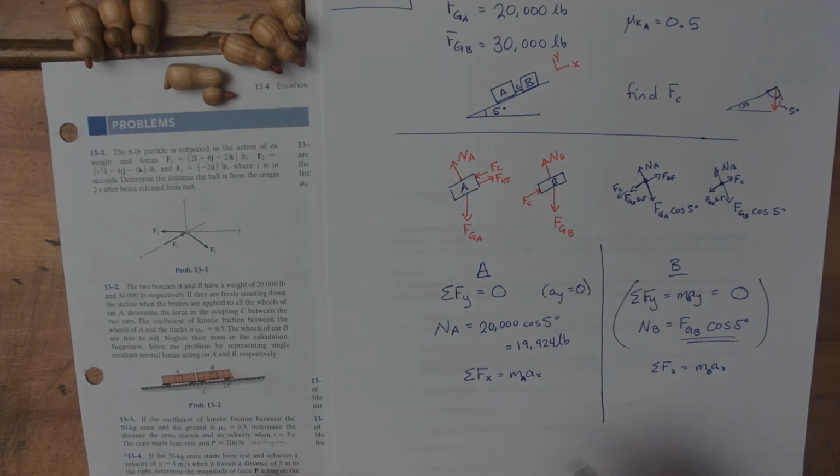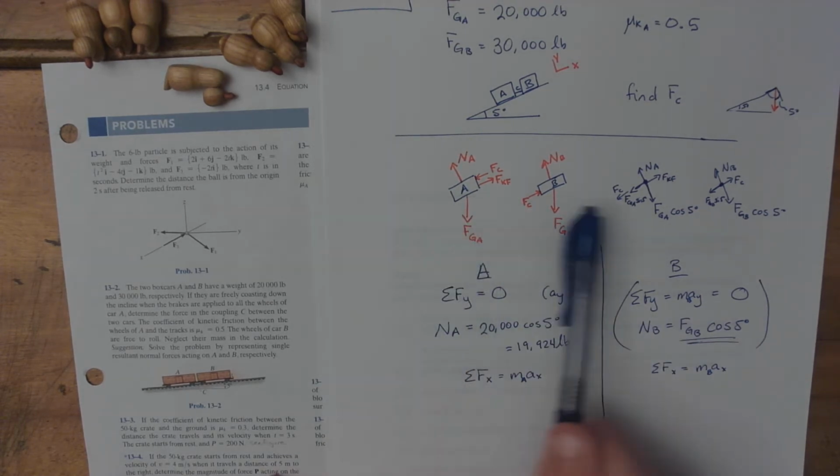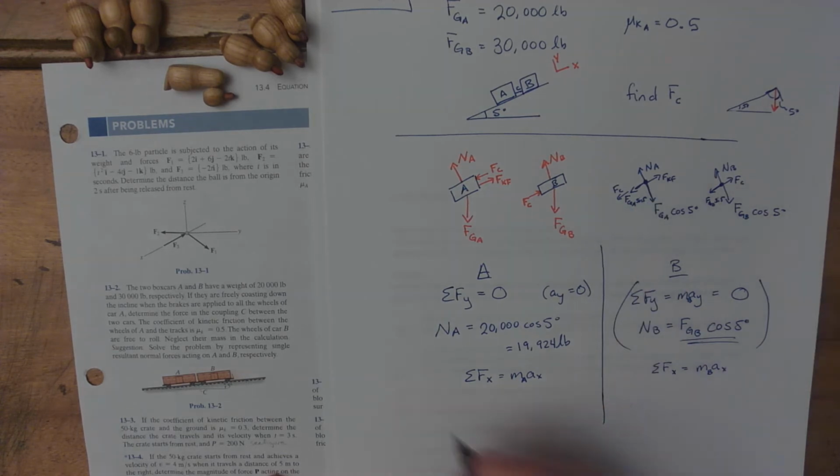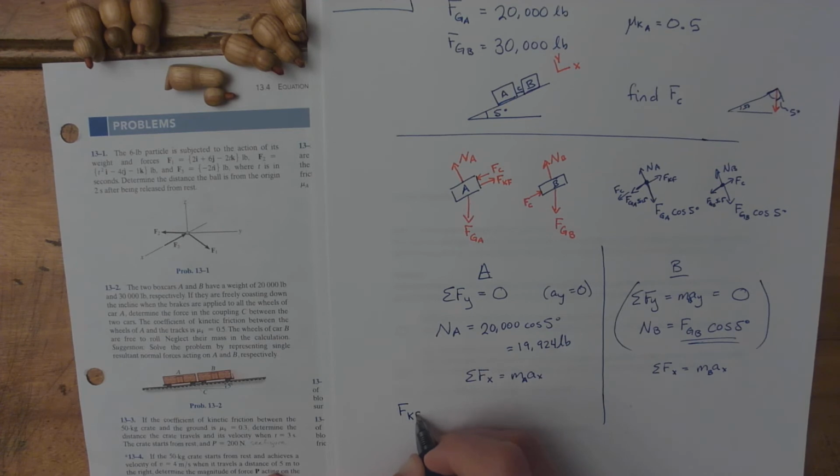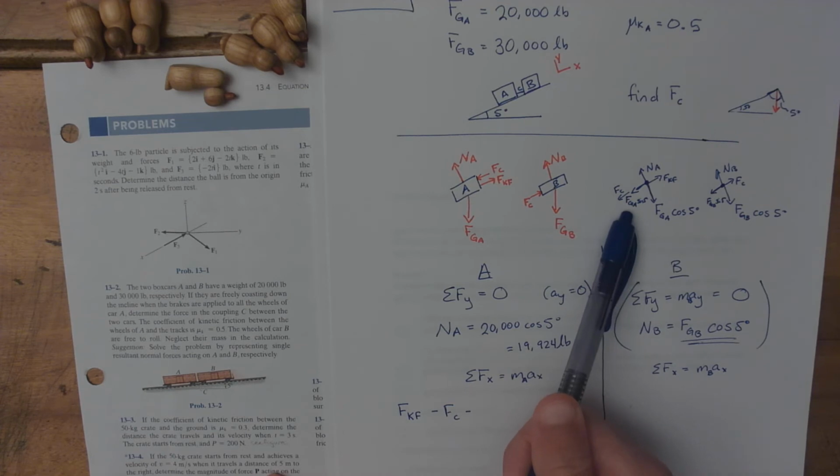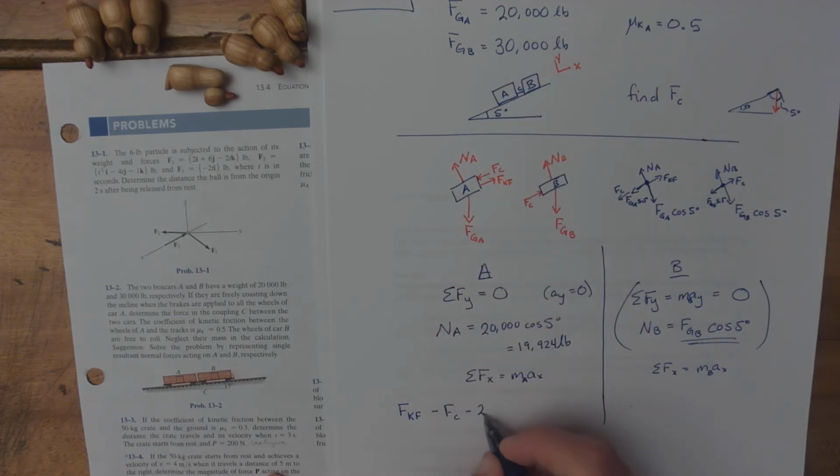So looking at car A first, we have going in the positive x direction, the force of kinetic friction. So that's FKF minus force C minus FGA, which is 20,000 pounds, times sine of 5 degrees is equal to the mass times the acceleration in the x direction.